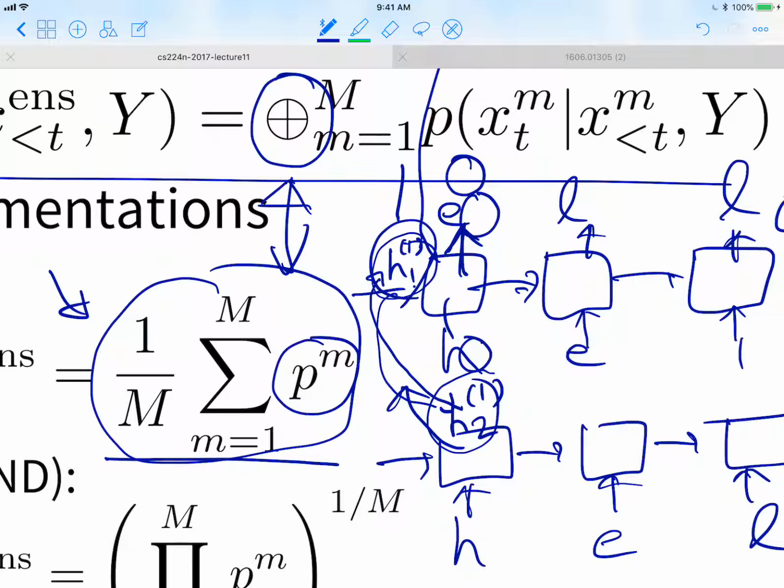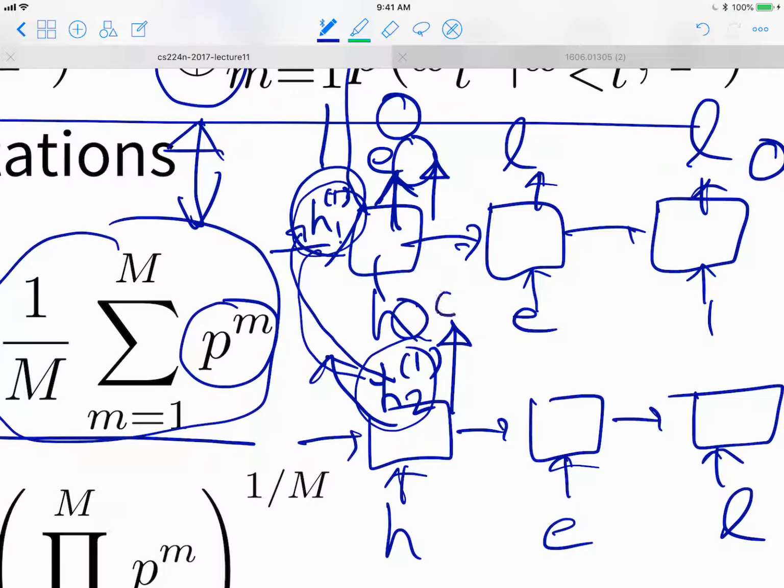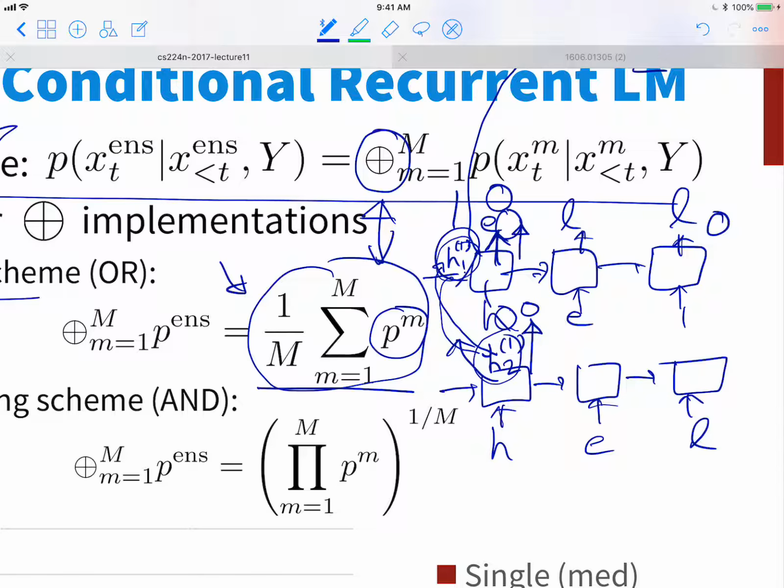Then we feed it into the next layer in the different models, and the output will be different, because the coefficients that generate the output vector from the hidden state vector will be different, since these two are different models.